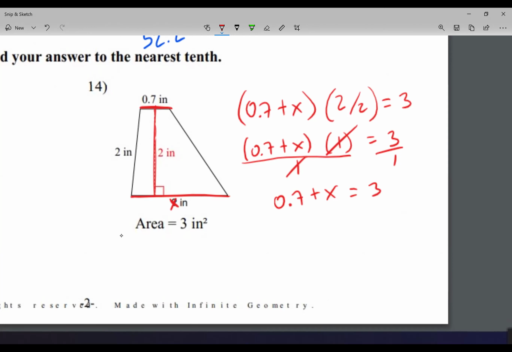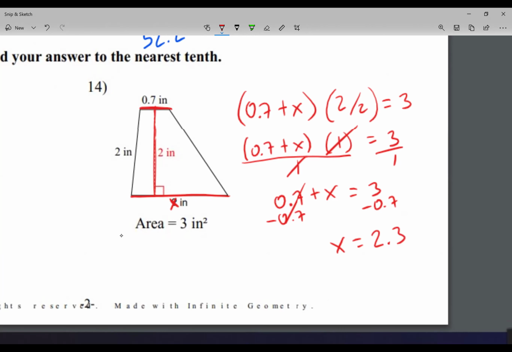Right? 3 divided by 1 is still 3. Now, let me minus 0.7 on each side to get the x by itself. Now 3 minus 0.7 happens to be 2.3. Beautiful.